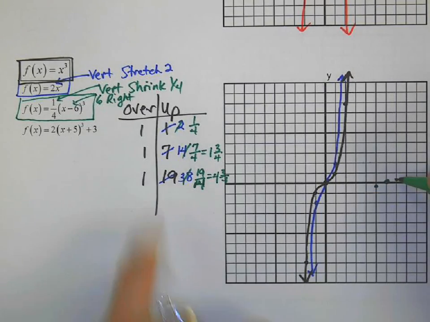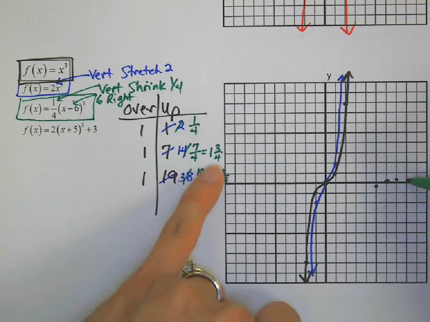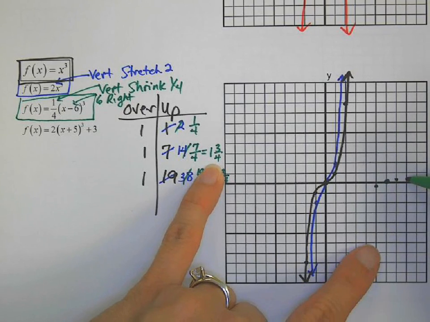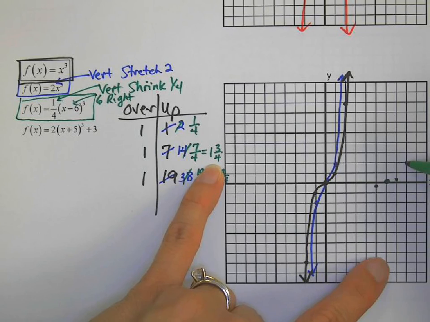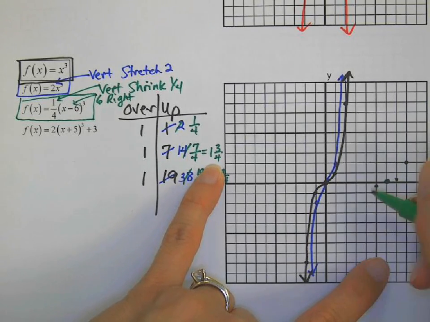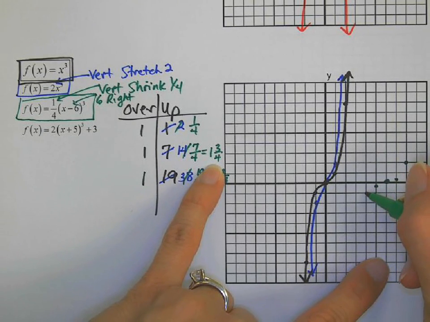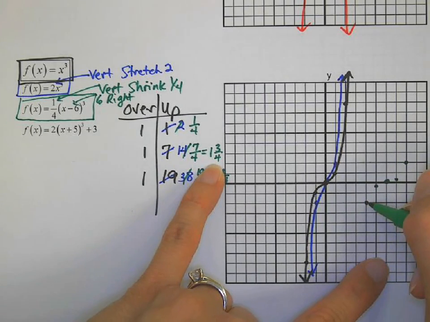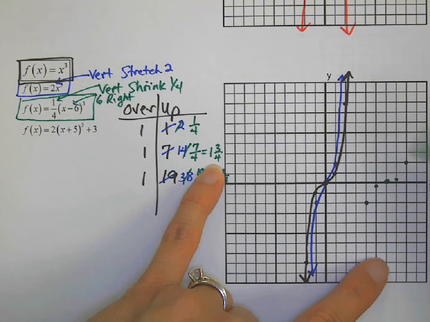That's okay. Now we're going to go over 1, up 1 3/4. Well, 3/4 finishes the box, and then another 1. I'm at the point 8, 2, and over here, left 1, down a 3/4 and 1, I'm at the point 4, -2. Okay, let's keep going.